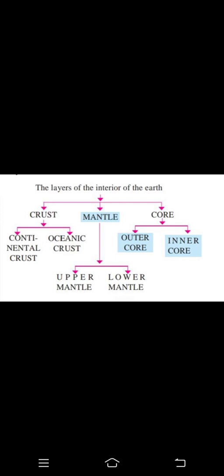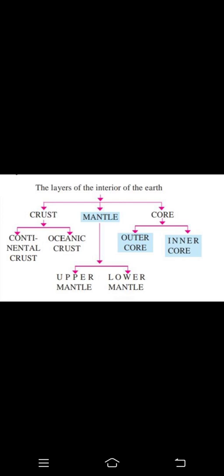So this movement is sometimes destructive, and sometimes it creates very beautiful mountains and rift valleys. You have to remember this tree diagram very importantly, so that the whole chapter will be very easy for you.